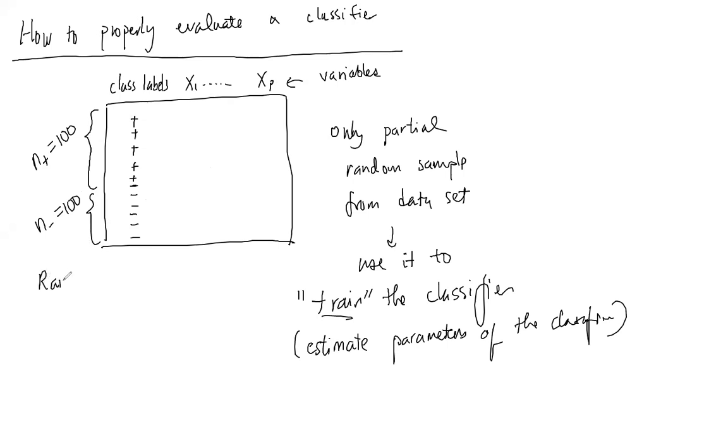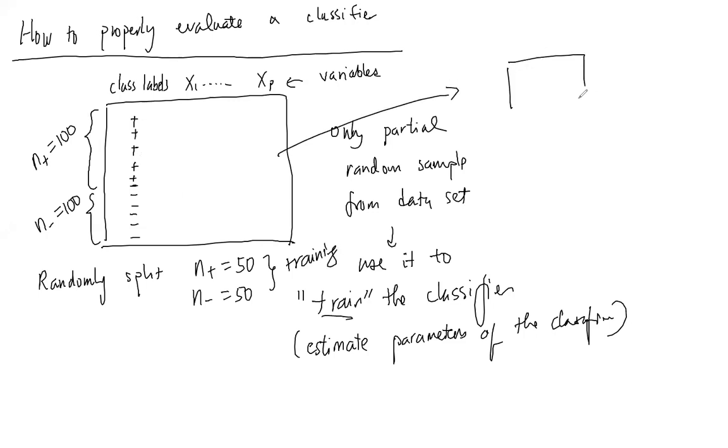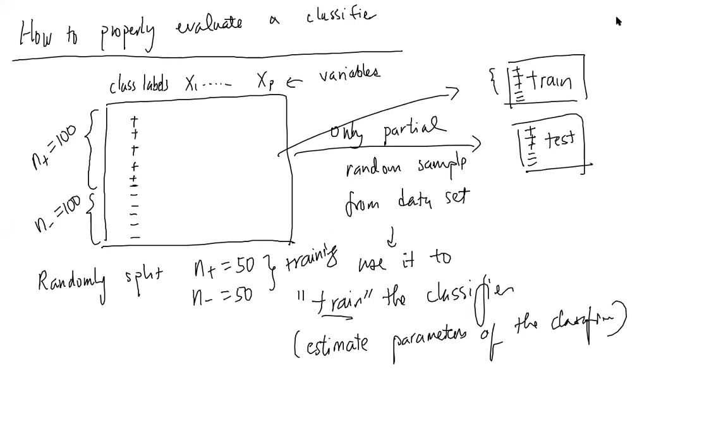You randomly split your n plus to 50, n minus to 50 for your training. So over here, you will have a training set, and over here, you will have a test set.